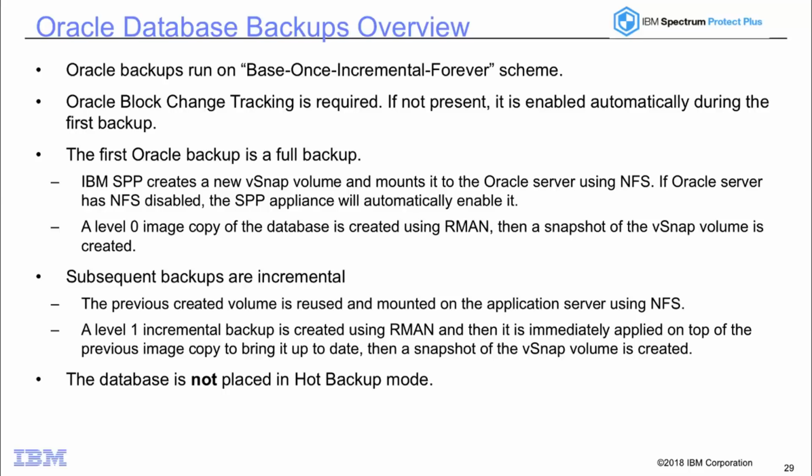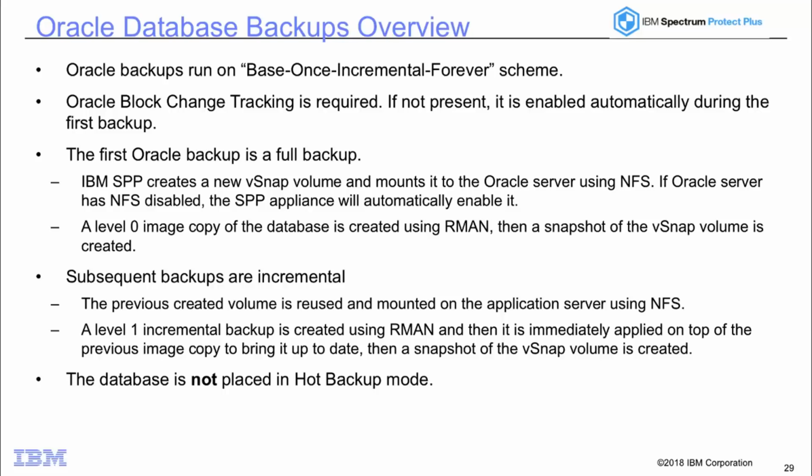The first Oracle backup will be a full, and Spectrum Protect Plus will create a new vSnap volume and mount it to the Oracle server using NFS. If the Oracle server has NFS disabled, the SPP appliance will automatically enable it. And then a level 0 image copy of the database will be created using RMAN.